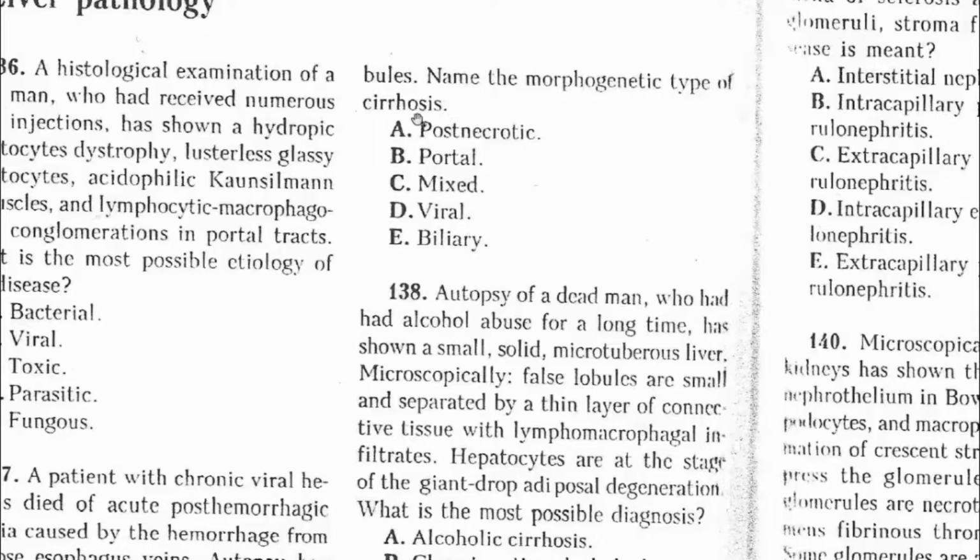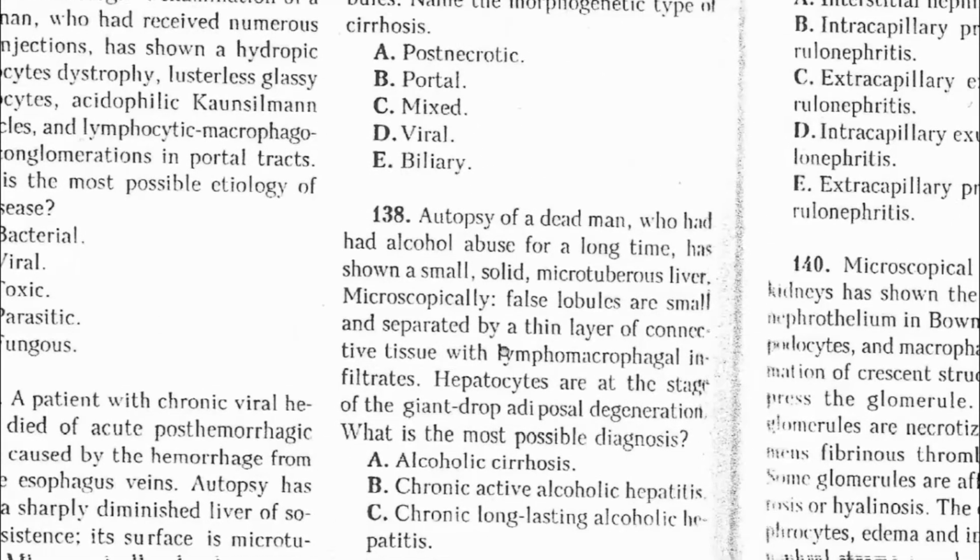This is characterized by necrosis involving the whole lobes, leading to what? To scars. We also have portal or septal cirrhosis. This is associated with loss of lobular architecture forming fibrosis or scarring. Then we also have mixed, of course, a combination of the two. So with the false lobes, it means that there's a loss of lobular architecture. Therefore, our best bet will be portal or septal. So your answer is B.